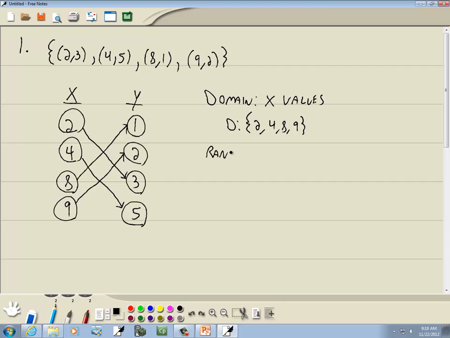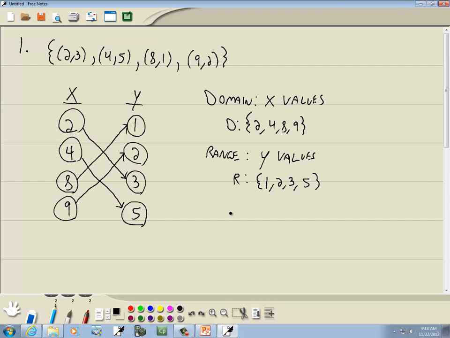And your range is your y values. And that's what we got listed here. So we got 1, 2, 3, and 5. And those would be our answers.